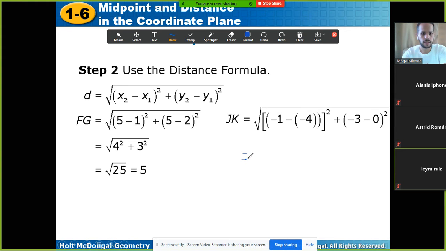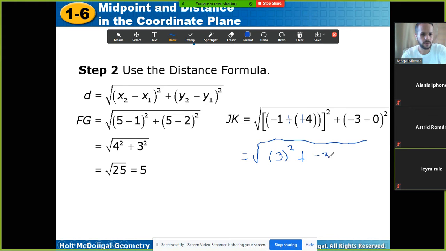So we got the other part. -1 minus -4: the subtraction is gonna turn into an addition sign, so it's gonna be 3. Se supone que sepamos esas reglas, okay? So it's gonna be 3. And on the other side, -3 minus 0 is -3.